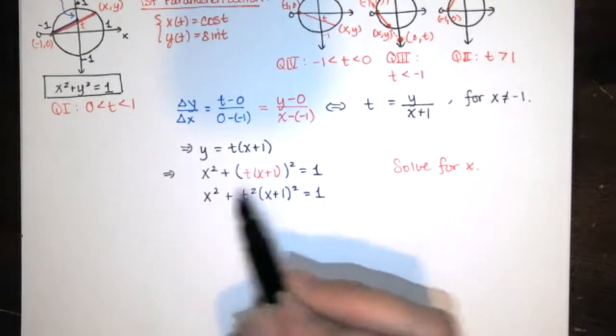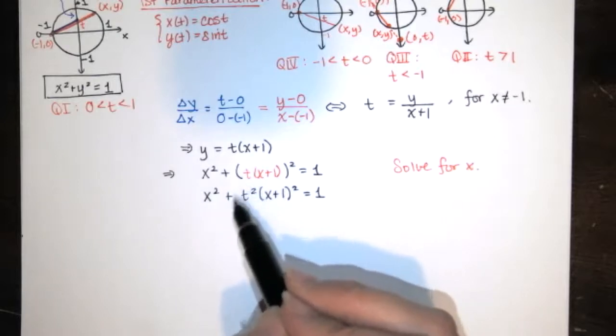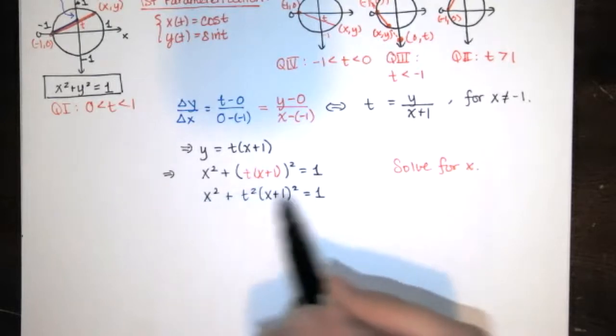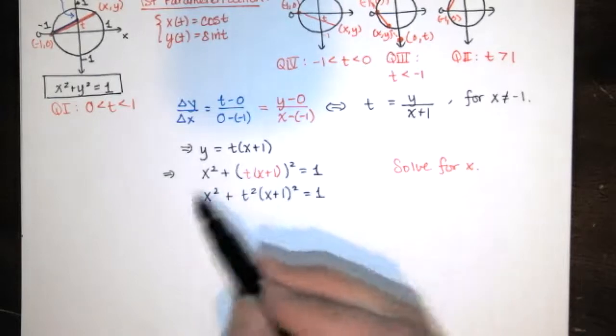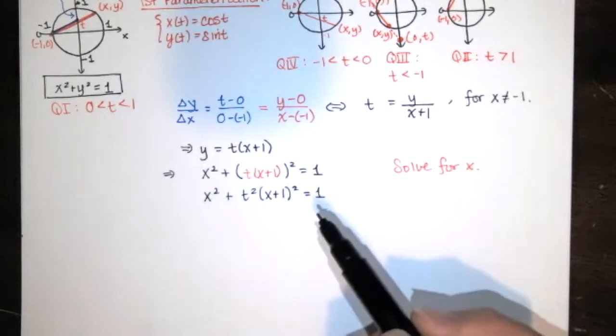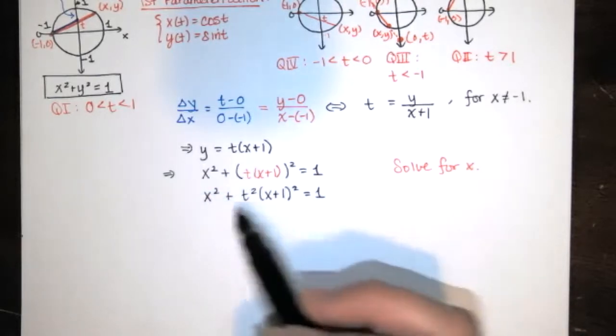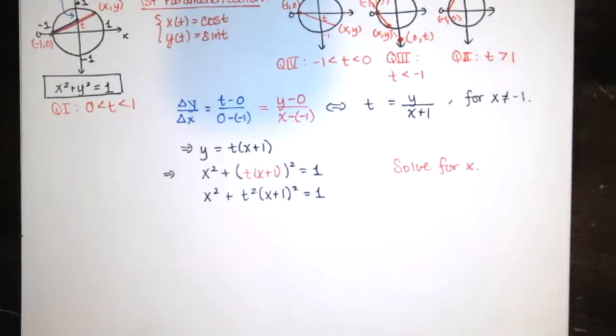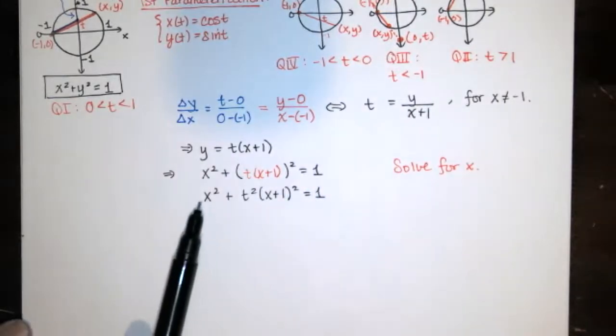So this is quadratic in x, and you can almost think of this as a constant. So this is a quadratic equation in x. In general, this would have up to two solutions.